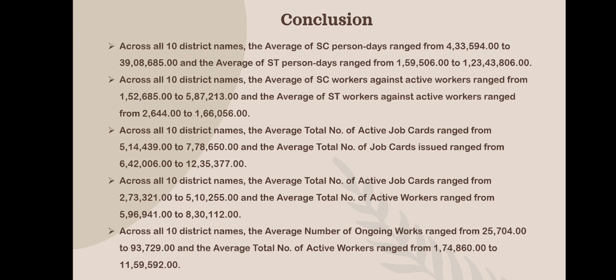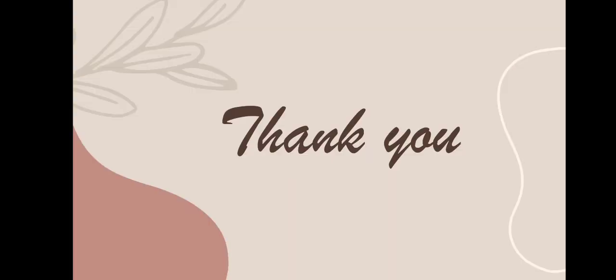Across all 10 district names, the average total number of ongoing works ranged from 25,000 to 93,000, and average total number of active workers ranged from 1,74,000 to 11,59,000. Thank you.